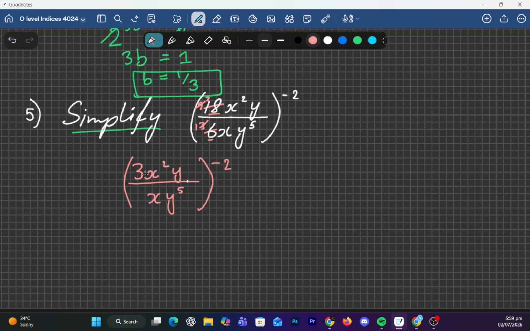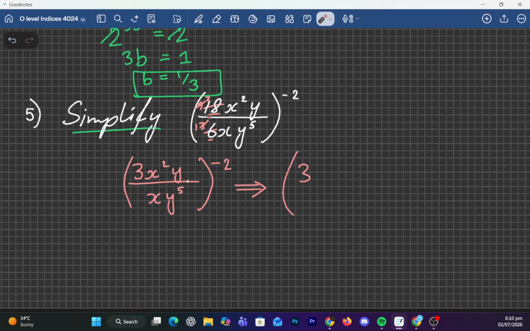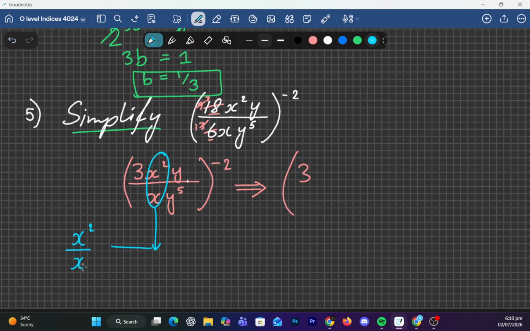So now we can see that we have x squared over x. This is like what we have learned previously. So this will become 2 minus 1, so this will become x to the power 1.